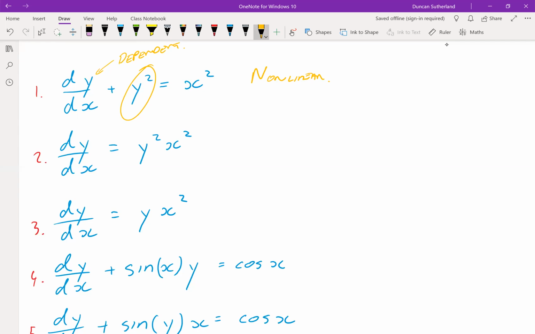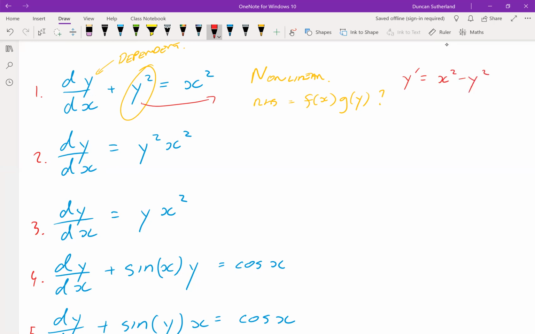Separable means that we can write the right-hand side as this. Oops, that should be a y. That's the question for separable. That means we've got to put this on the other side, and we're actually dealing with y prime, x squared minus y squared.